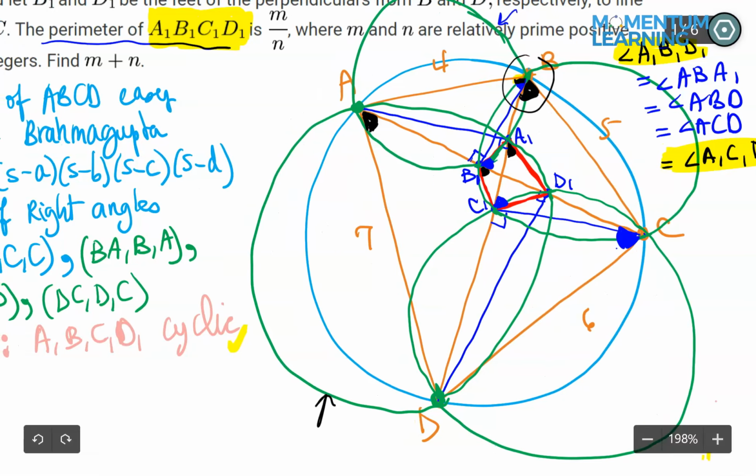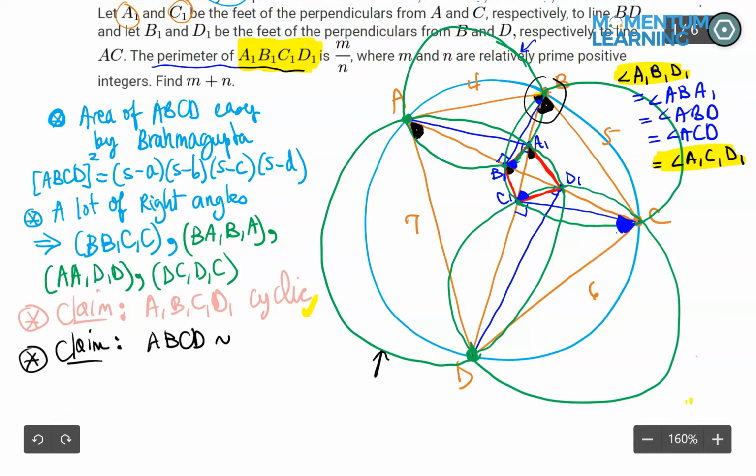The second claim proven is that the cyclic quadrilateral ABCD is similar to the cyclic quadrilateral A1, B1, C1, D1, right? Both of them are cyclic, but furthermore, they are also similar. So both cyclic quadrilaterals are similar cyclic quadrilaterals.